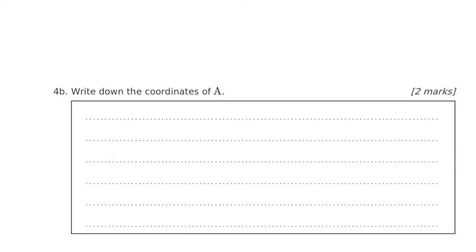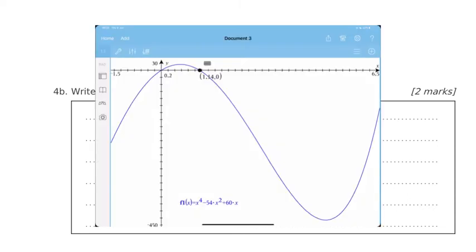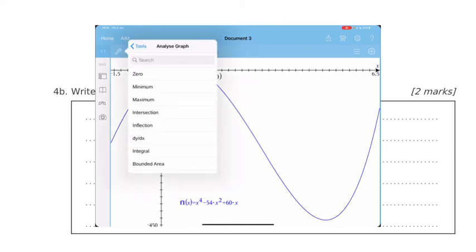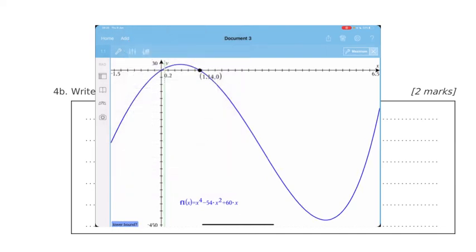4b, write down the coordinates of A. Well, we know that A is a maximum. So if we go back to our graph, now we can find the maximum. So go to Menu, Analyze Graph. We're going to find the maximum. We know roughly where it is.